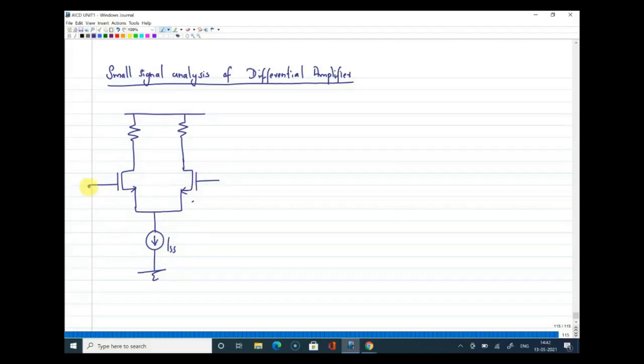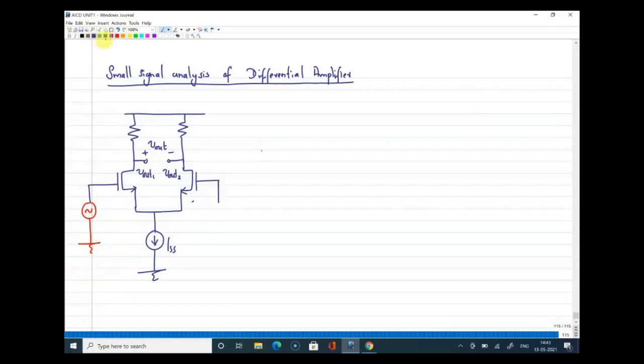All right. So this is the circuit. Now I'll use all small letters. This will be Vout1, this will be Vout2, and I'll be taking the output between these. So the output here will be Vout1 minus Vout2. Now to the gate I will apply a signal, and to this gate also I should apply a signal.